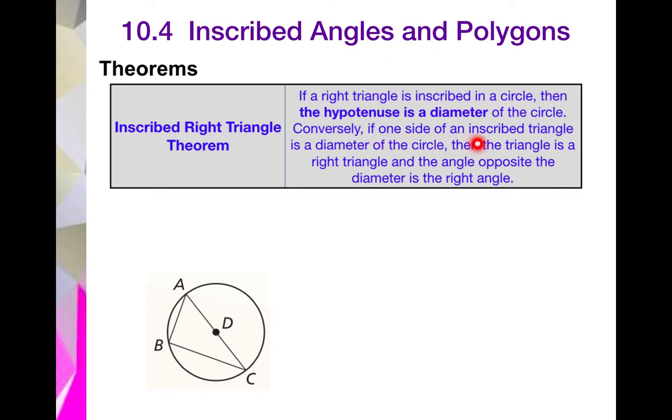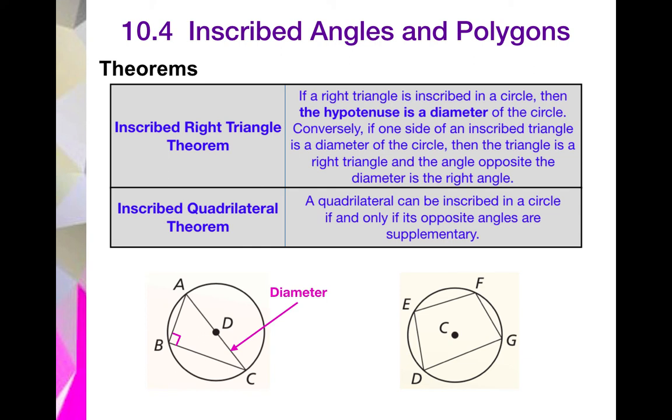Conversely, if one side of an inscribed triangle is a diameter of the circle, then the triangle must be a right triangle. So whether I have a right angle and an inscribed angle, then I have a diameter, or I start out with a diameter and I have the inscribed angle here, that has to be a right angle. So now I have a right triangle. There's the diameter and the right angle.